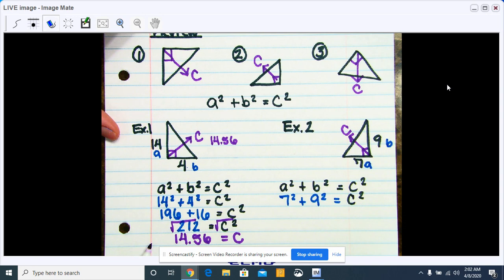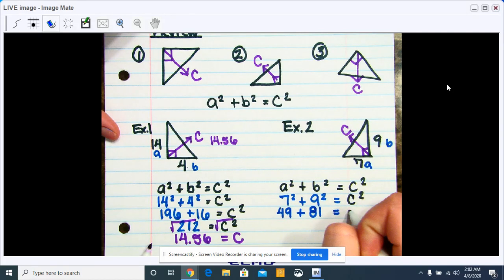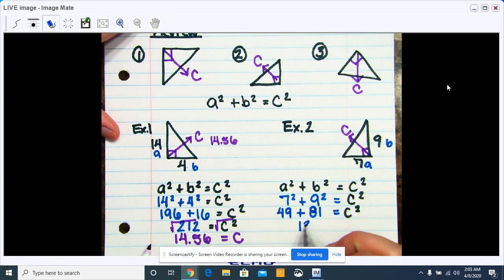I am going to use my calculator to do 7 squared, which is 49. 9 squared, which is 81, and that is still equal to c squared because I do not know that value. I want to take 49 plus 81, and you get 130 equals c squared.